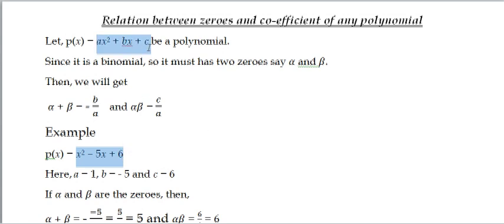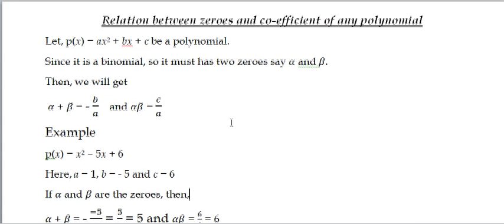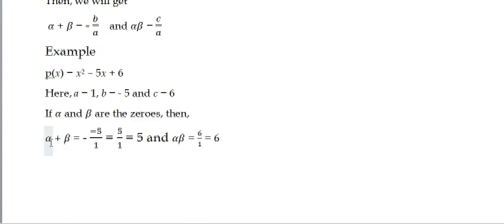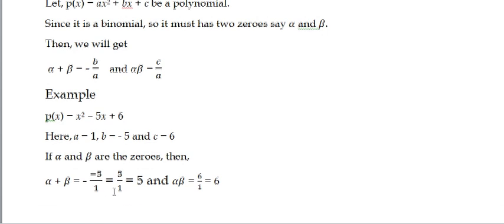Now suppose alpha and beta are the zeros. Then as per our concept, alpha plus beta, that is the sum of the zeros, will be minus b by a. The value of b here is minus 5, so instead of b I am putting minus 5, and a is equal to 1.